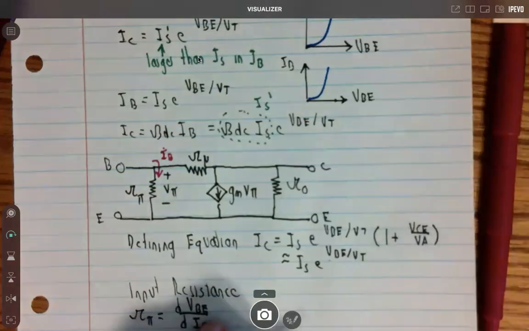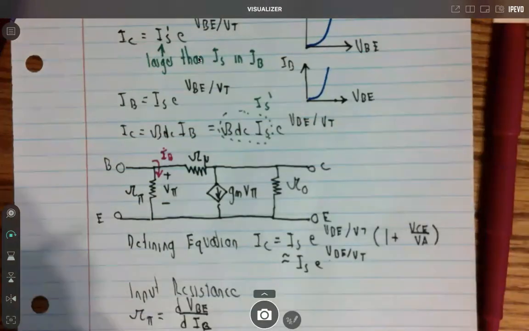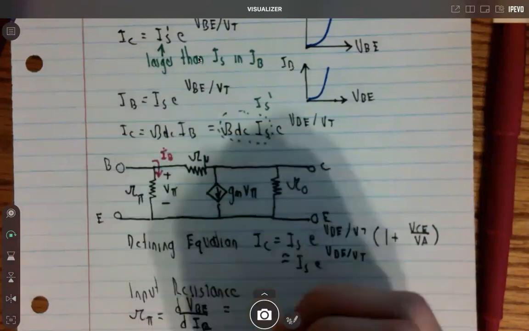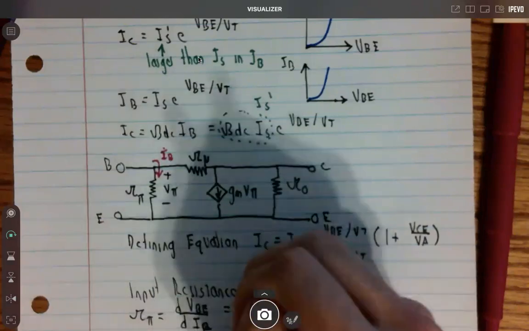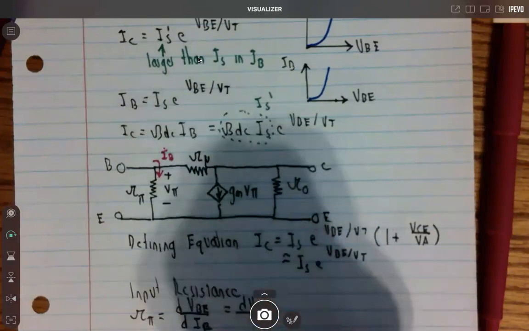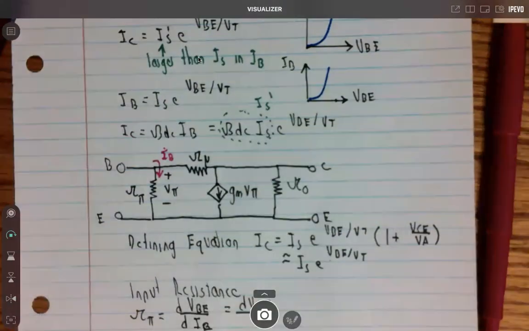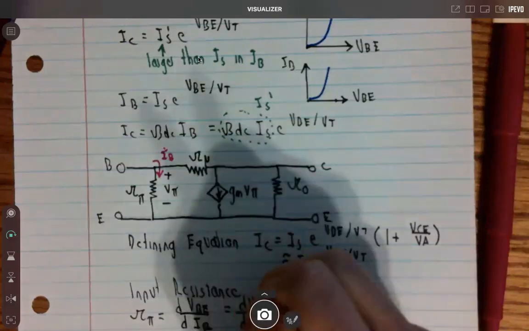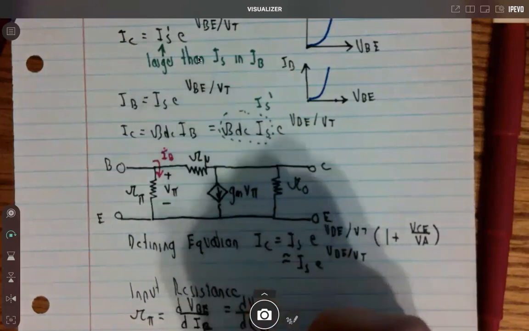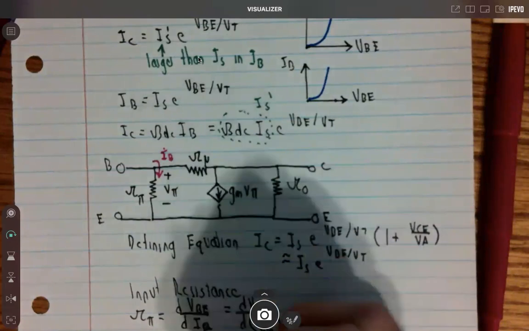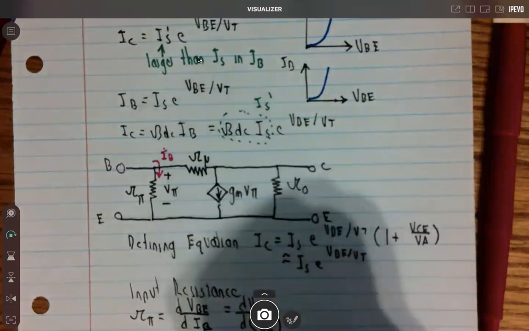So it's going to be the change in the voltage over the change in the current. And remember, voltage over current gives you resistance, so that's going to be equal to dVBE all over, and then if we look here, this is going to be IC over beta naught, because IB times beta naught gives us IC, so we can just substitute it in here.